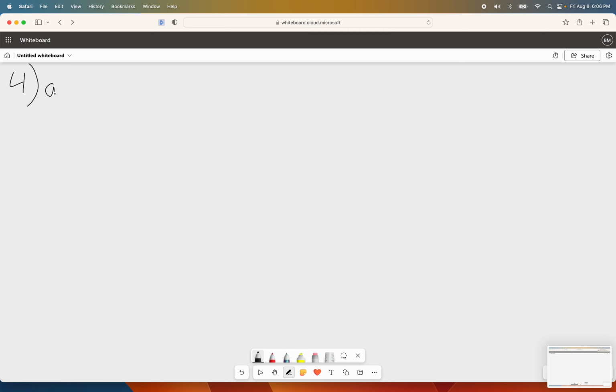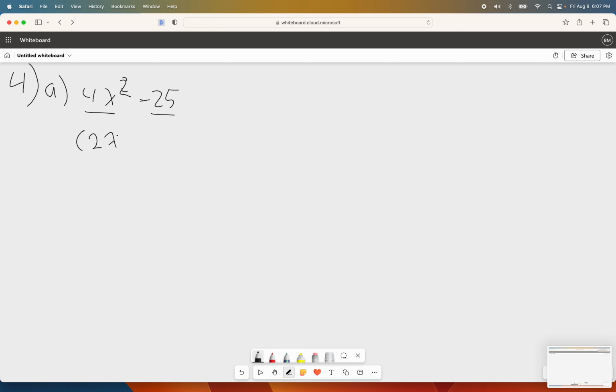First, we're going to start with 4x squared minus 25. I can see immediately that this term right here is a square and this term right here is a square. So we can actually use something I've mentioned before.